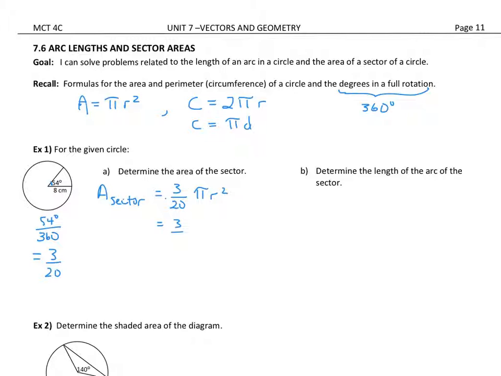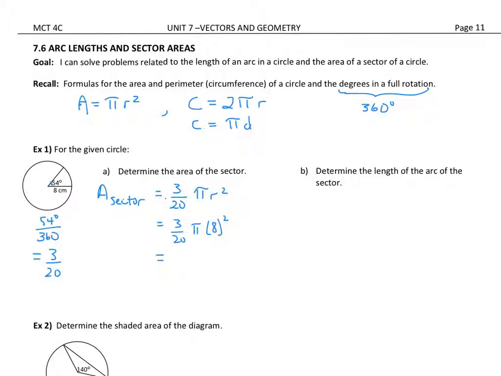So we're going to have 3/20ths times pi times 8, the radius given for us. Sometimes you'll see things left in exact form. I'm not expecting you to leave it in exact form, but if you go on to college and they want exact answers, you're going to leave the pi symbol there and just calculate the number parts. So I'm squaring the 8, I get 64, and then I multiply that by 3.